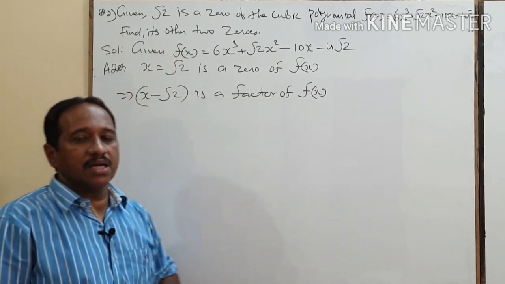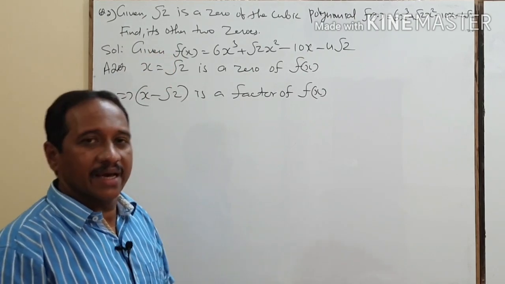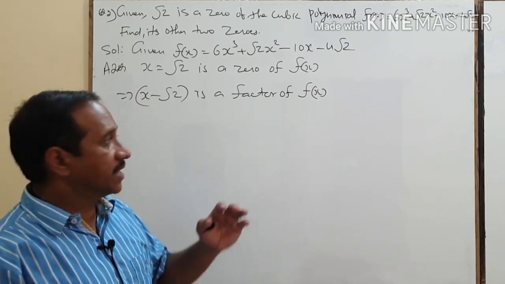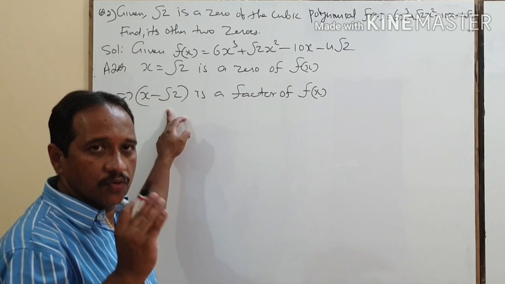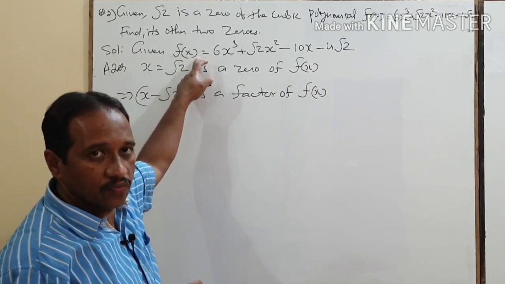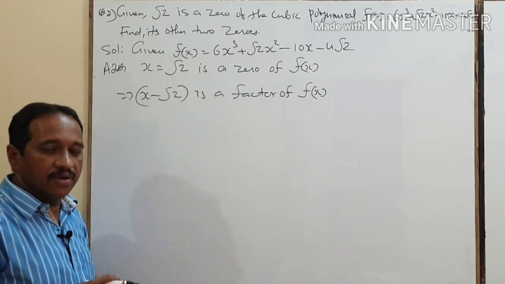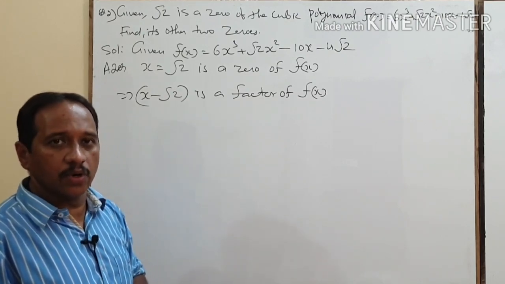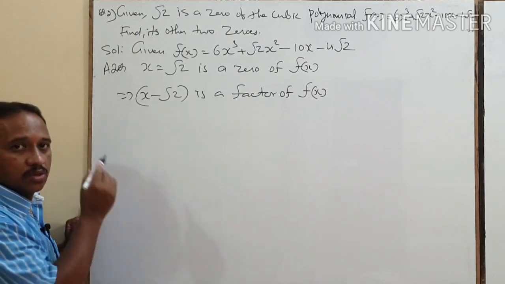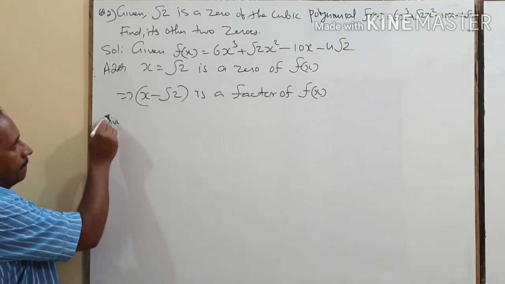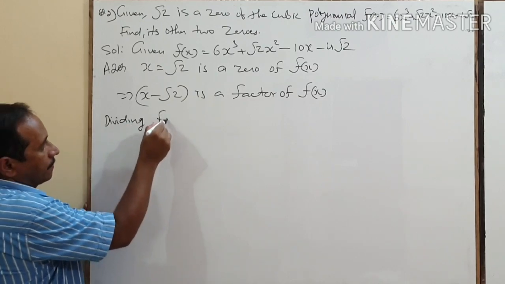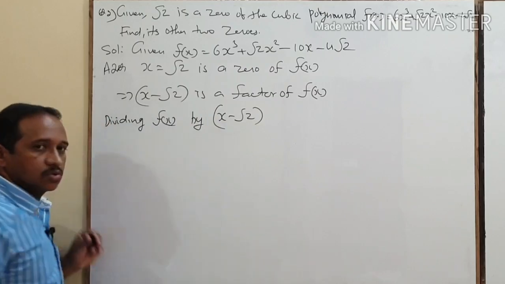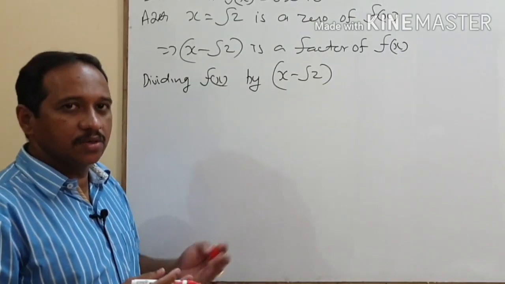A cubic polynomial can have at most 3 zeros, hence it can be factorized into 3 linear factors. Of the 3 factors, we have one factor. If you divide this polynomial f of x by this factor, we will get the remainder 0 and the quotient will be a quadratic polynomial. The next step is to divide f of x by x minus root 2. The division procedure already you know.